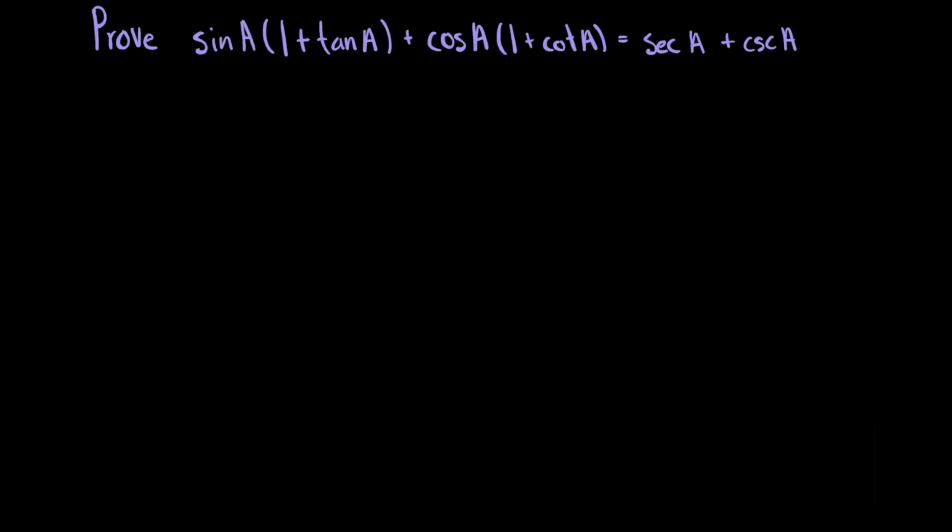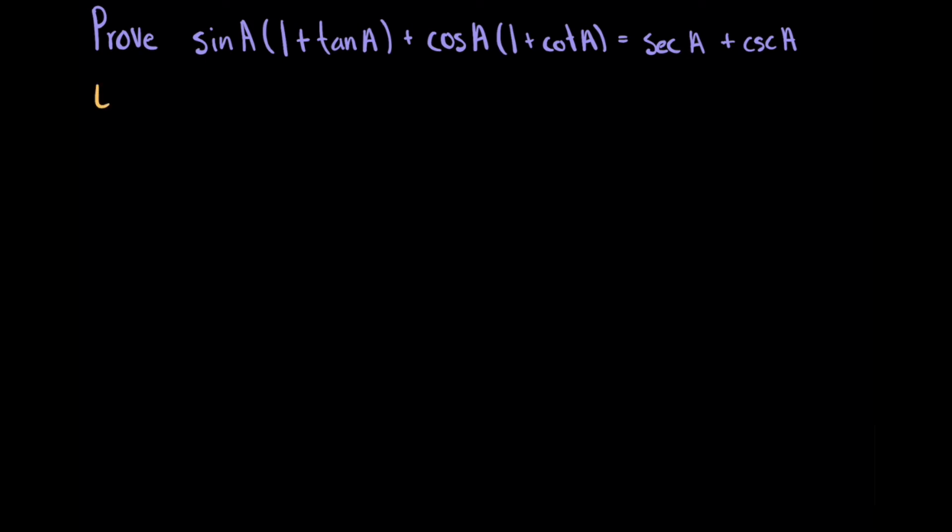In this question we're asked to prove that sine A times (1 plus tan A) plus cosine A times (1 plus cotan A) is equal to secant A plus cosecant A. Like the previous question, we have a more complicated side to the equality, so we're going to start there and try to evaluate everything in terms of sine and cosine.